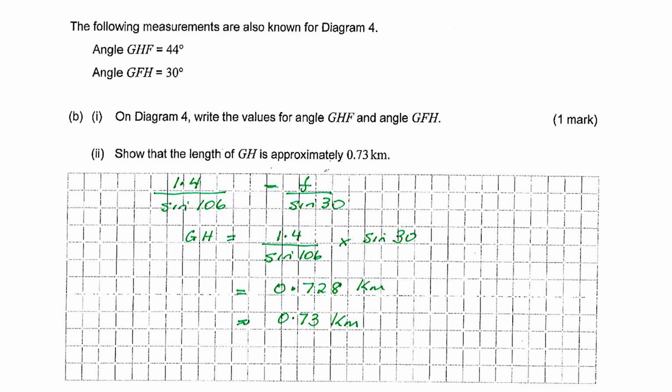Then again, showing for that second part there, sine rule. So a common error was that students were using the cosine rule and making the assumption that FG was 1 because it looked kind of similar to EF. And that was deemed to be an error for that one.